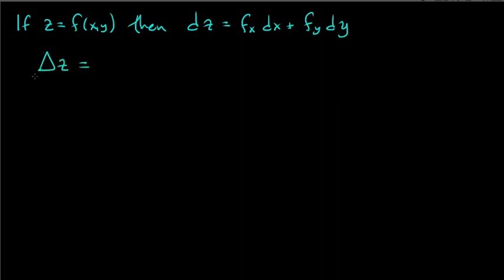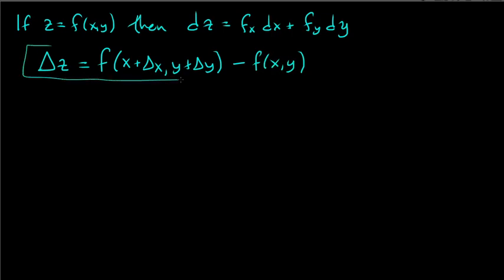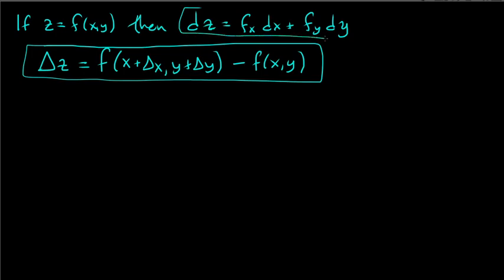Delta z is the change in z when you change both x and y. So let's take x plus delta x and y plus delta y, and then subtract the original, f of x, y. So this is the definition of delta z, and this is the definition of dz, and you can see they're not the same, although they could be the same in some cases, but usually not. So I want to spend a little time on making sure you understand the difference between dz and delta z.